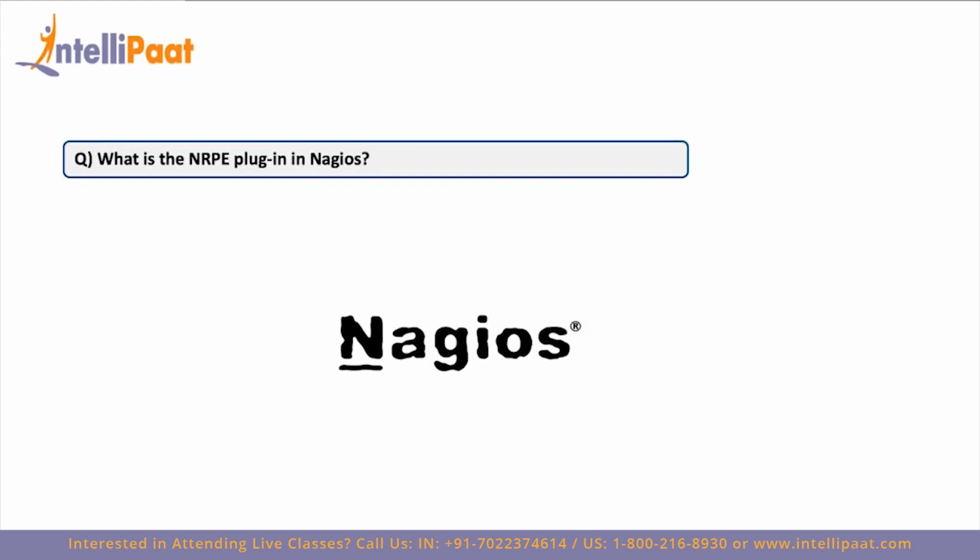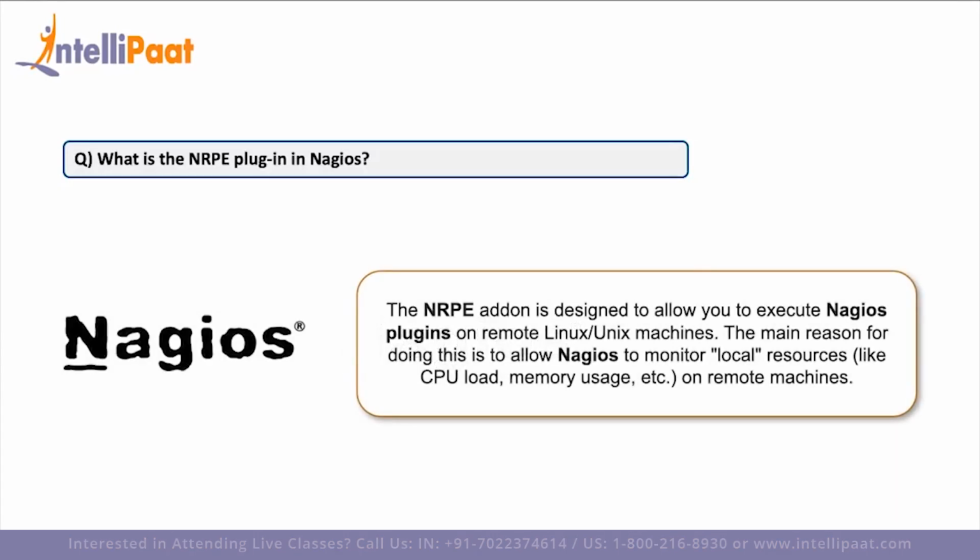So our next question is, what are NRPE plugins in Nagios? NRPE plugins are basically extensions to Nagios which help you monitor the local resources of the client machines, right? So you don't have to SSH into the client machines to see how much memory or how much CPU is being used.